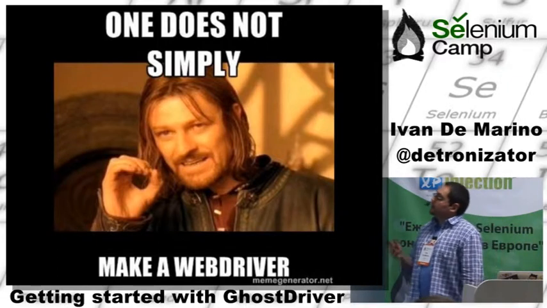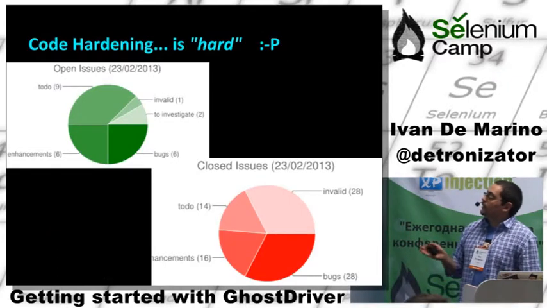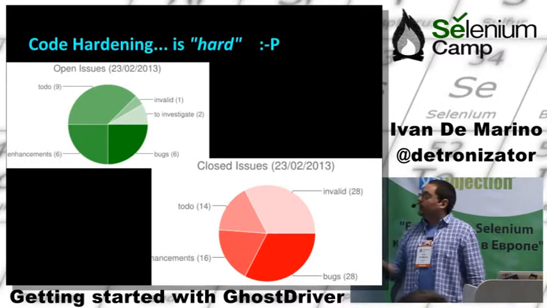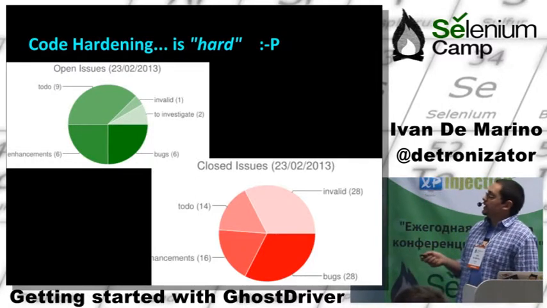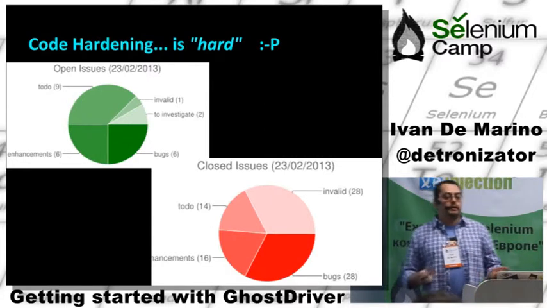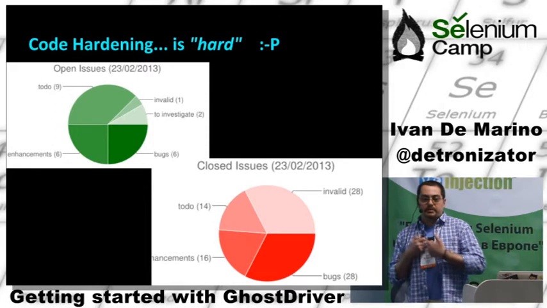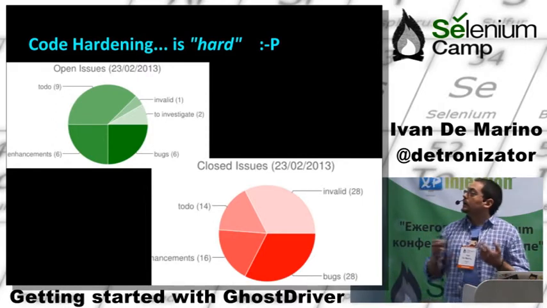At the moment, I'm dedicating most of my time to code hardening. I would like to add new features, particularly the commands we were showing before, but I have been spending like 2-3 months now only dealing with issues, either features that were not implemented correctly or behaviors where I misinterpreted the documentation when I implemented them.